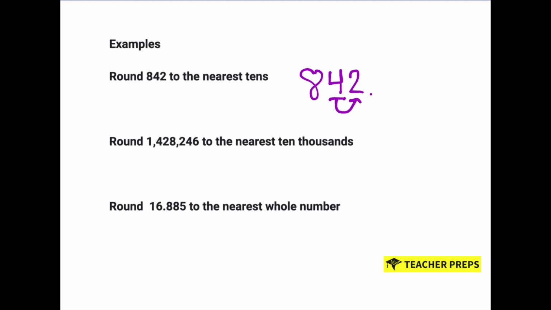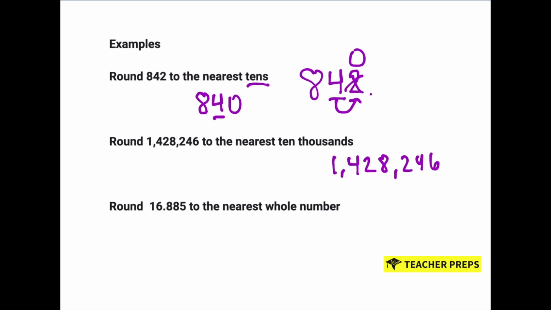Now there really is a decimal point at the end of this number. So that digit in between the 4 and the decimal is trapped, meaning we have to make that a 0. So our number rounded is 840. This problem said to round to the nearest tens, and we did. We rounded down to 840.